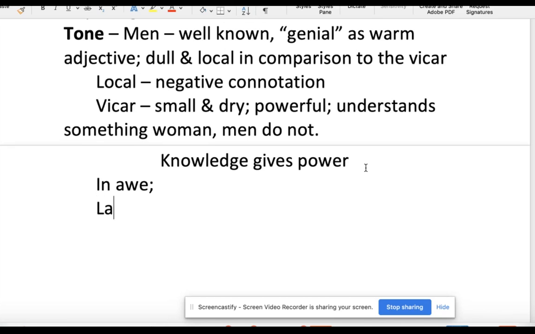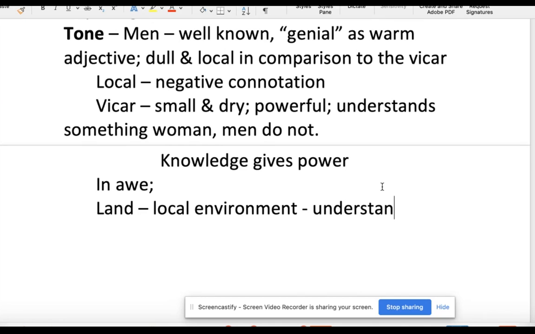If we think about the land again, her tone towards her local environment, maybe it's sort of, well, she understands it, but maybe she's a little bored. You could probably find proof for that.